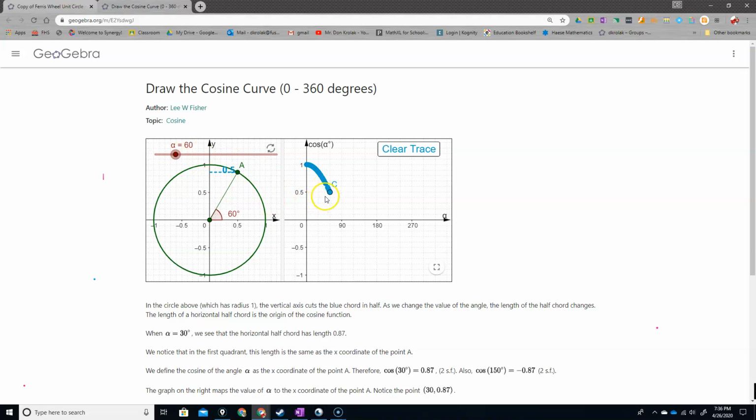Like there it's 0.5. Then when I get to 90 degrees, there is no length. Then it starts to get longer again, reaches -1, starts to get shorter again, and eventually you're back to one place to the right. That is your cosine function, which is the x-coordinate.